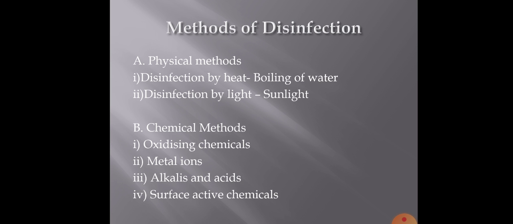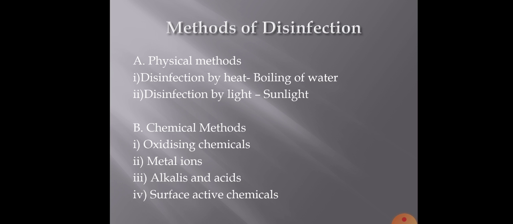Then also here the destruction of the bacteria will be by using say lime or something like that. The softening process, which we will be discussing later on, there I will mention about this. Then coming to the next method, the surface active chemicals. So here we use surfactants. This is another method where detergents or surfactants are used for the disinfection process.